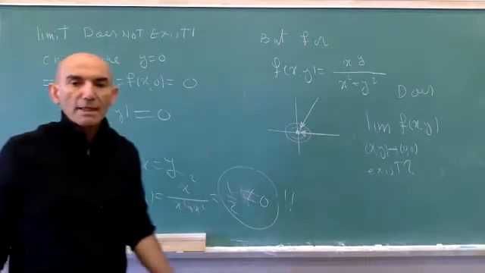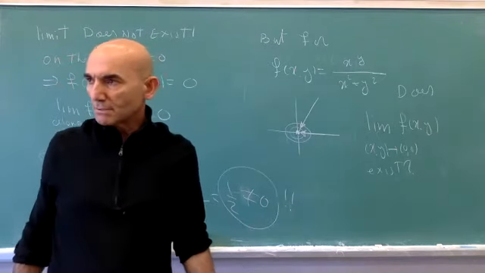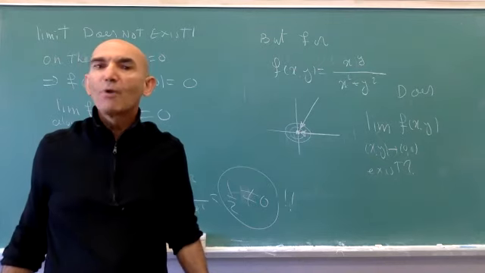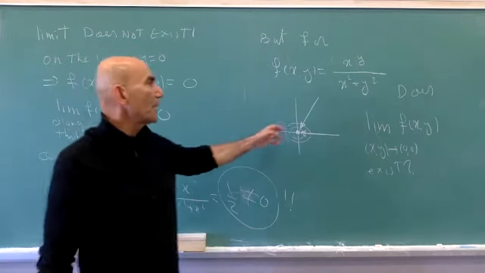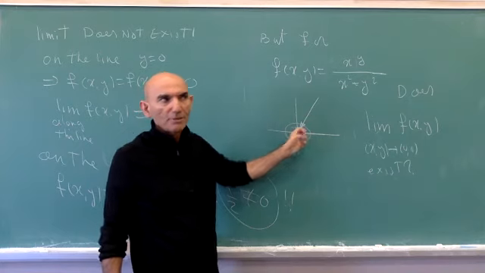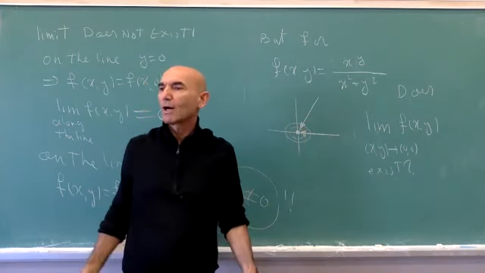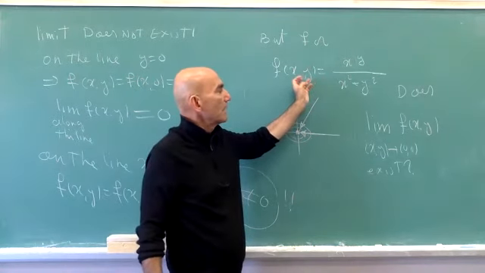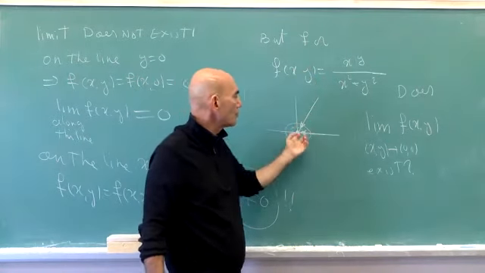As a kind of brain teaser for you, a Thanksgiving surprise, I want you to think about the behavior of the function as (x,y) approaches 0. Can you imagine that? How does it look? I want you to imagine for yourself how this function looks near 0.